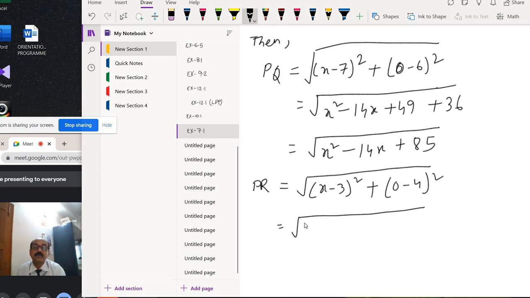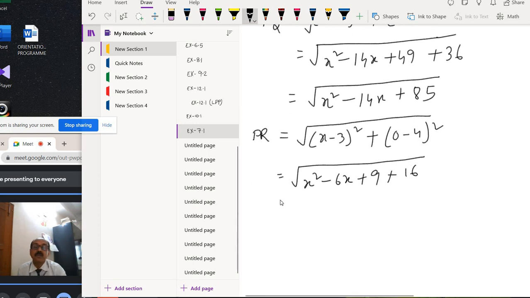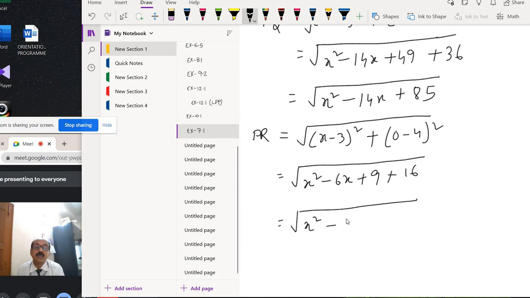It will be x square minus 6x plus 9, plus 4 square, 16, equal to x square minus 6x plus 25, all under root.